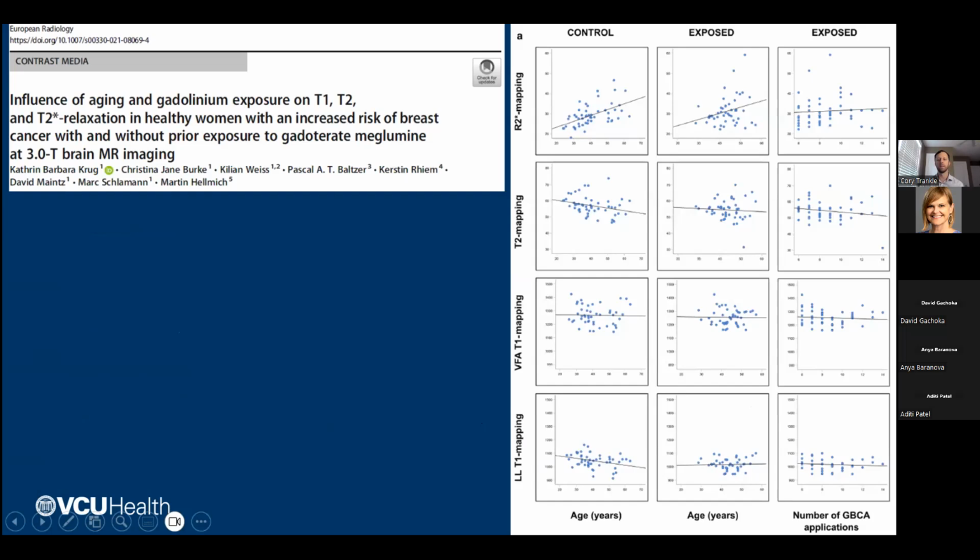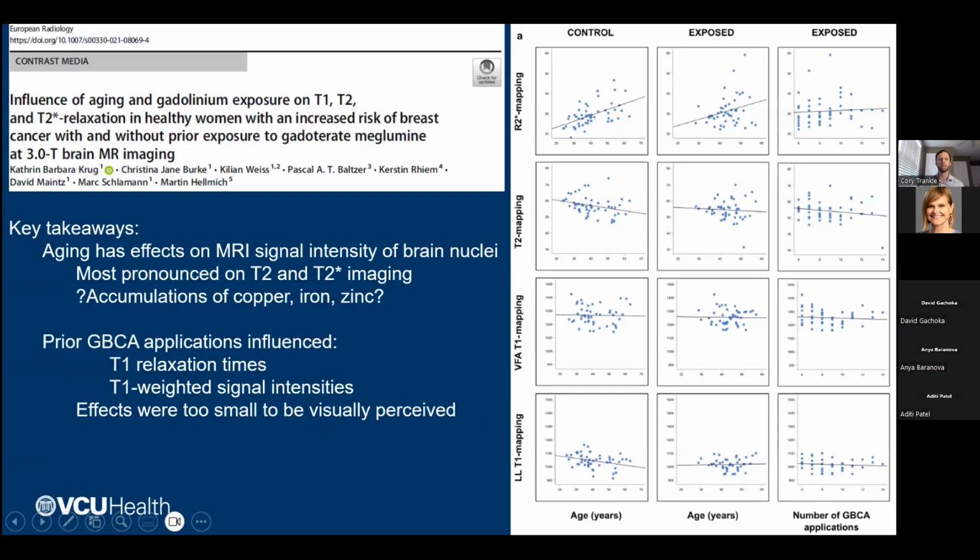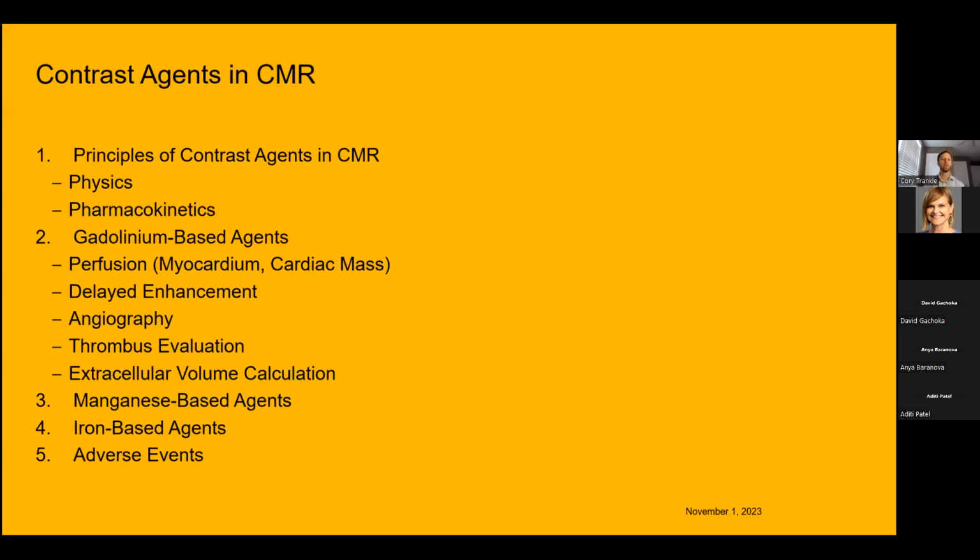You can see that there are not very strong associations here. Statistically, there was a very small, significant increase in the dentate nucleus of women who had received multiple doses of macrocyclic agents, but visually it was in no way apparent. And so certainly it seems much less dramatic than what's seen in the linear agents.